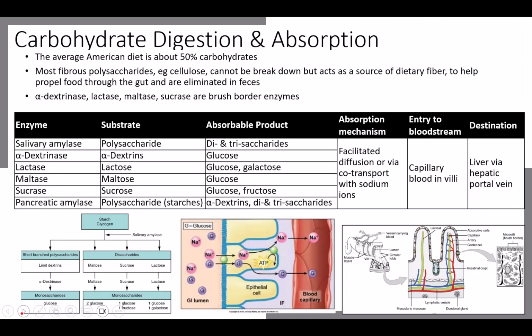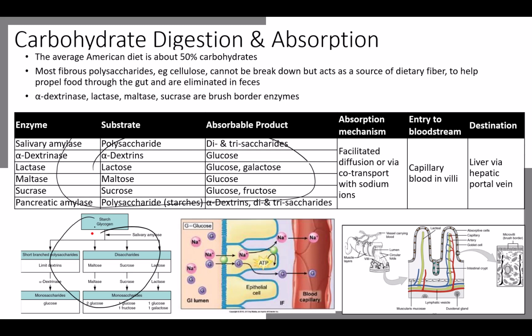When we look at carbohydrate digestion and absorption, we can see here the various enzymes that are involved in breaking down carbohydrates, in a table form as well as in a mind map form.